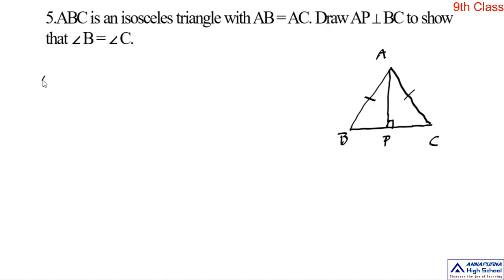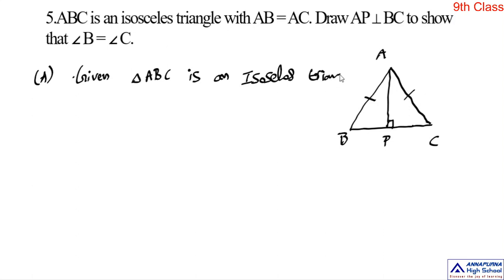Let's start the solution. Given: triangle ABC is an isosceles triangle in which AB is equal to AC.